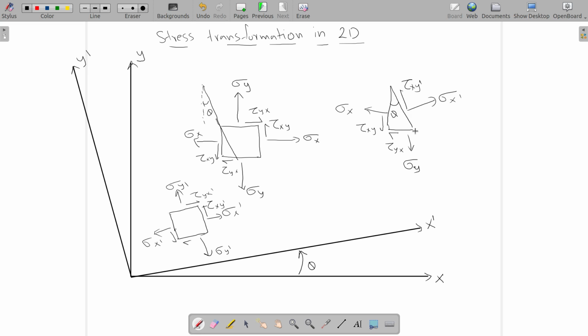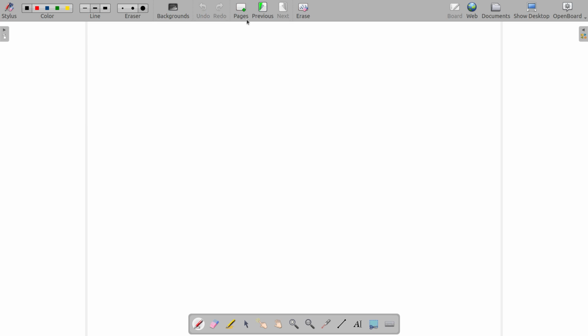So we will use this to find out equilibrium equations. Okay, let's take a new page.